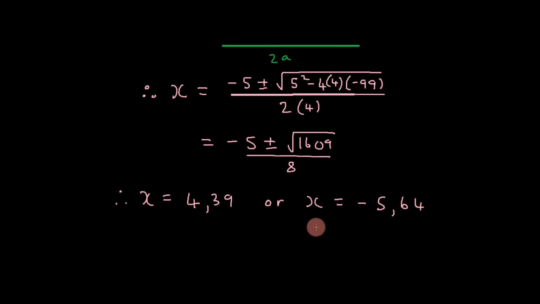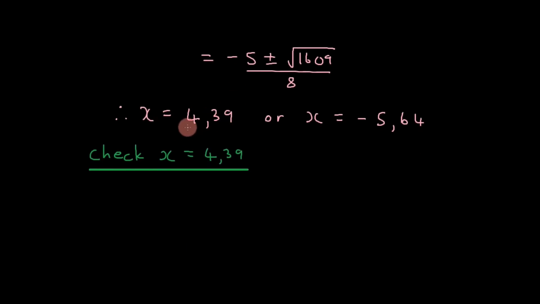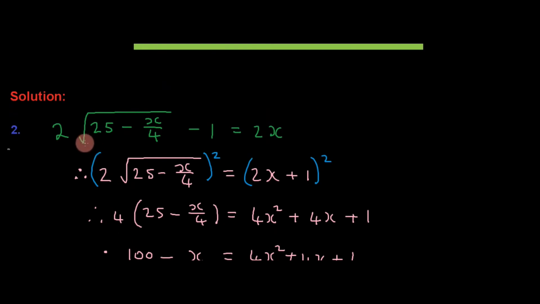So these are the two answers we get for x, and now we need to check them by plugging them back into the original equation. So let's first check x equals 4,39. We're going to substitute this back into the left-hand side of the original equation. Now recall that the left-hand side was twice the square root of 25 minus x over 4, minus 1.